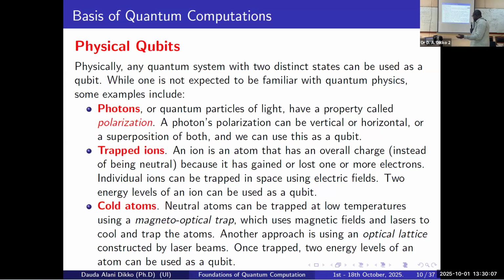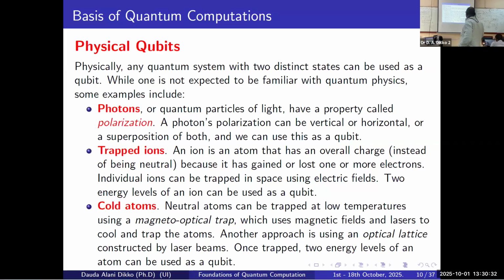In physics, there are so many of those particles. You have photons, you have phonons, you have xenons, subatomic particles. So here, a photon, or a quantum particle of light, has a polarization.